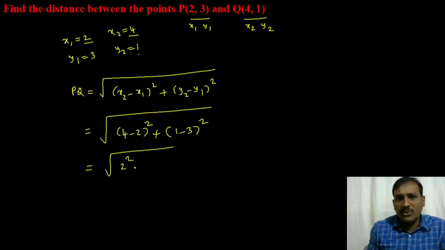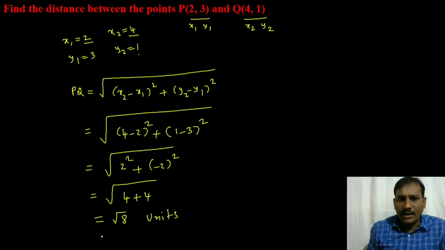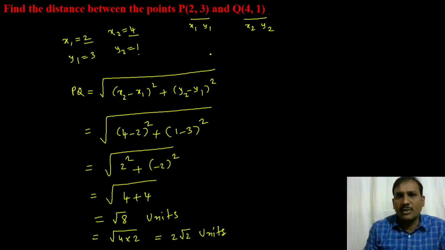It is 2 square plus (1 minus 3, that is minus 2) whole square. So 2 square is 4 plus 4, that is root 8 units. Or if you simplify this, you can write it as root of 4 into 2, and root 4 is 2, so 2 root 2 units. So the distance between the 2 points (2, 3) and (4, 1) is 2 root 2 units.